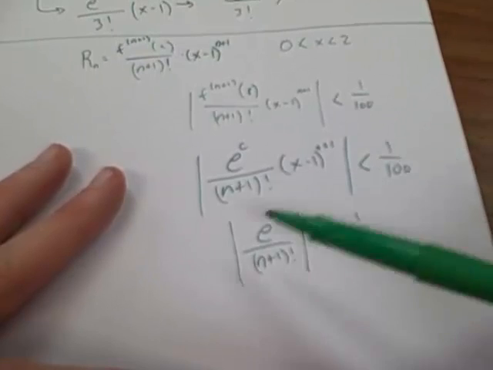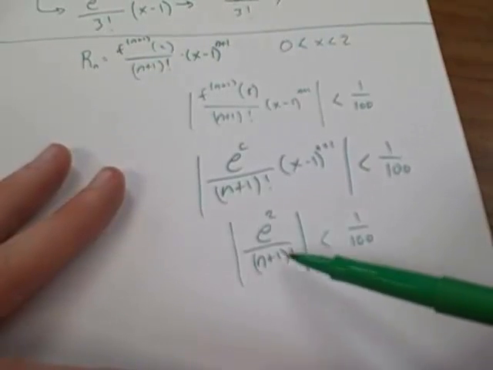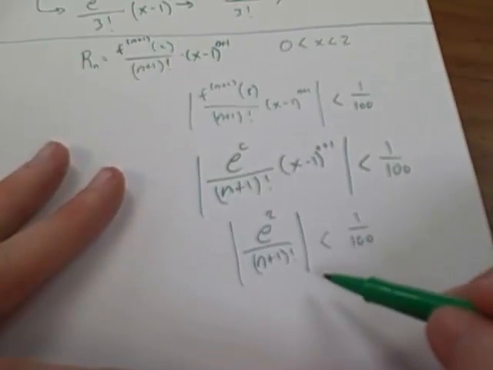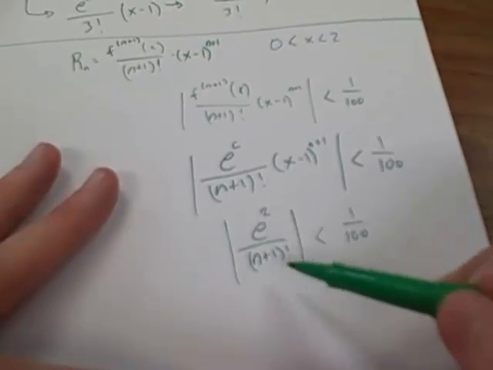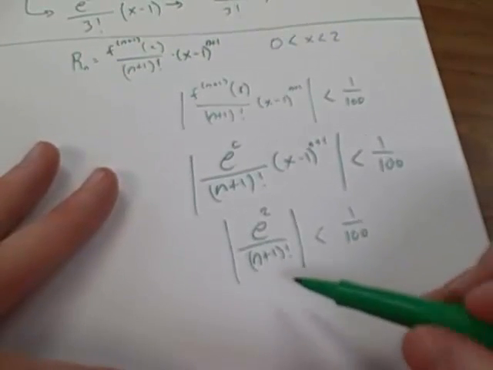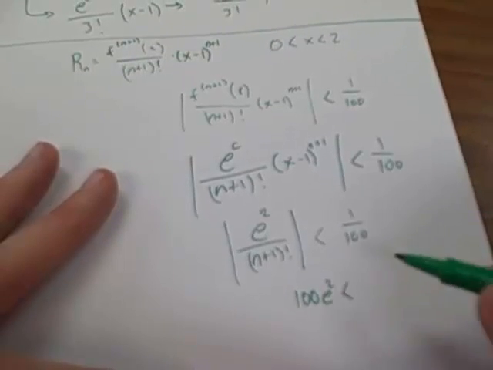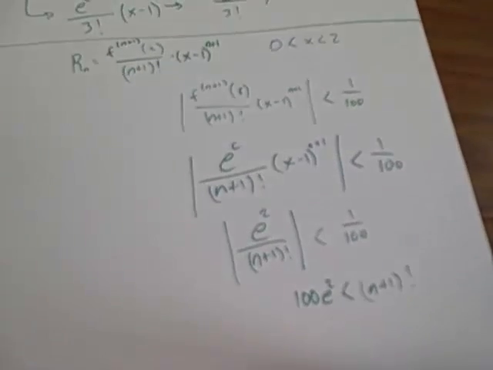Well, I can drop the absolute value sign now because I know n is definitely going to be positive, which means this whole expression is going to be positive. So let me just reorganize the terms a little bit. I'll multiply by 100, and I'll multiply this by that factorial. So I've got 100e squared is less than n plus 1 factorial.